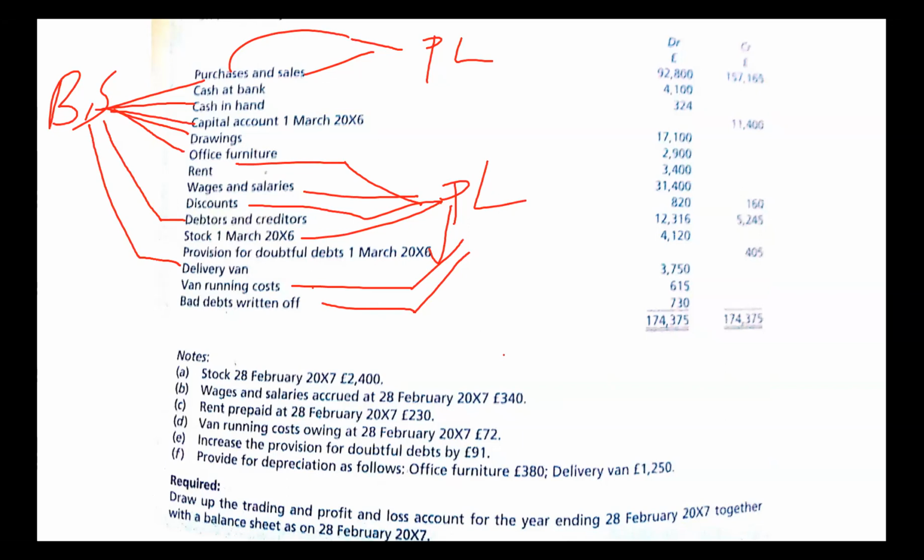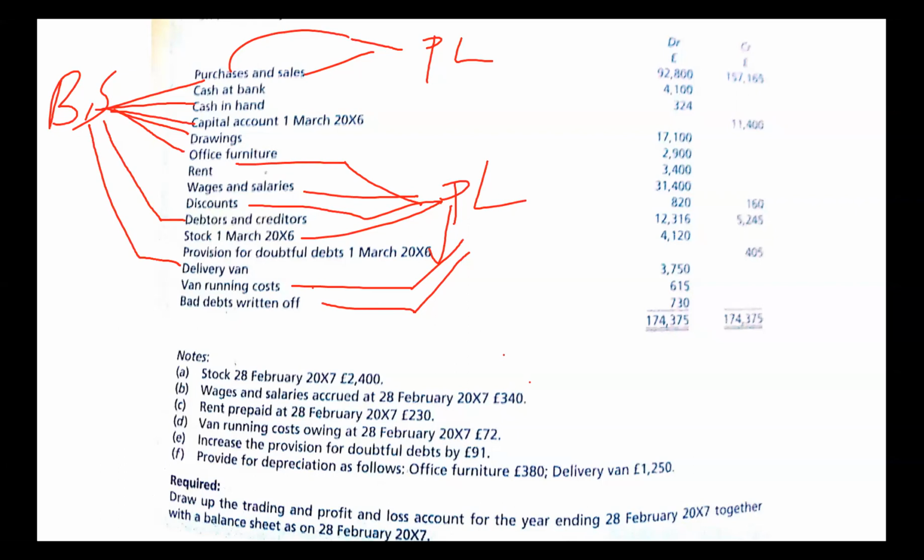But in the balance sheet, we just put the assets, both the fixed and the current assets, the liabilities, both the current and the non-current liabilities, and the capital. Those are the only things that we put in the balance sheet, or the statement of financial position. Once you are done identifying like this, you have to go to the adjustments before you even start solving.